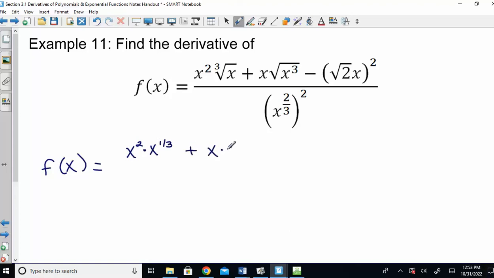So I have x squared times x to the 1/3 plus x times, what if I have the square root of x cubed? 3/2. Yeah. Minus, okay, 2x squared on the bottom, power to a power, we multiply.